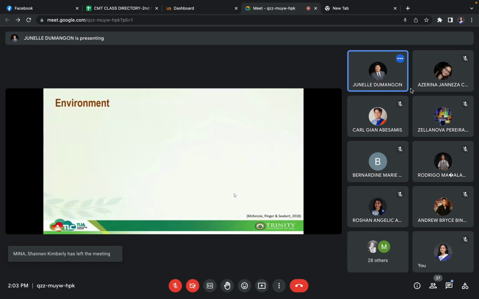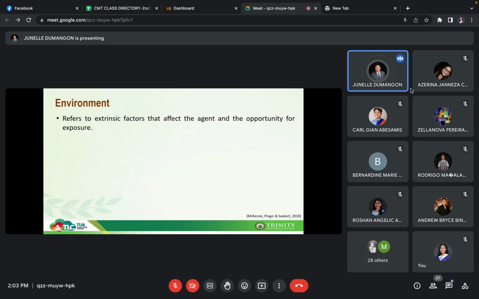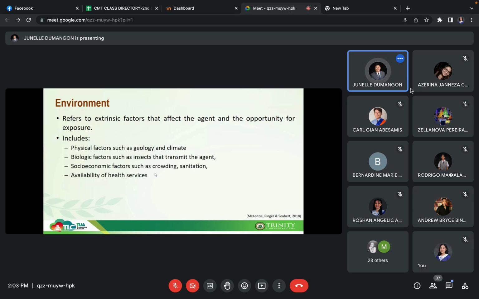Diba? And then lastly, environment. These are extrinsic factors that affect the agent and the opportunity for exposure. So when we say environment, this includes different factors such as geology and climate, biologic factors, like dengue, di ba? Dengue is caused by a virus. So the dengue virus is the agent.